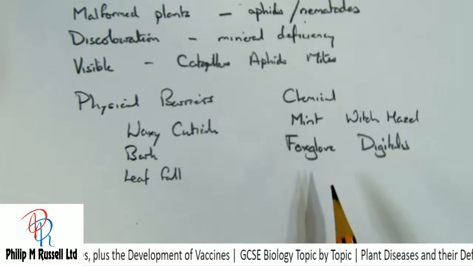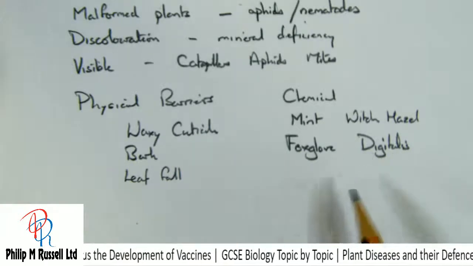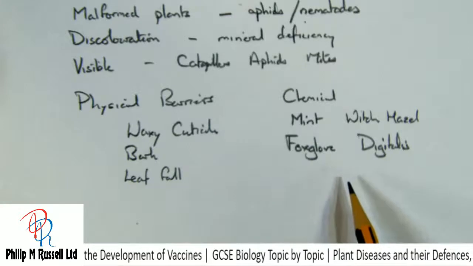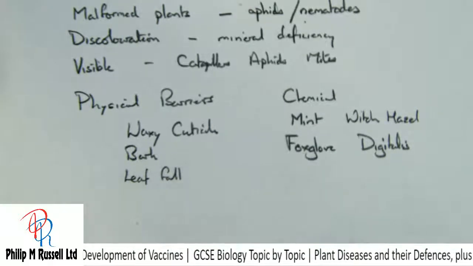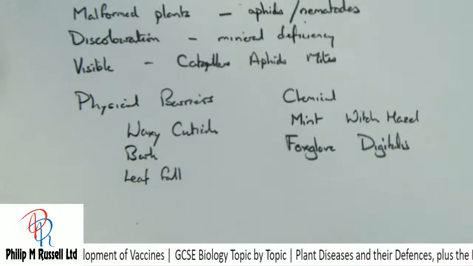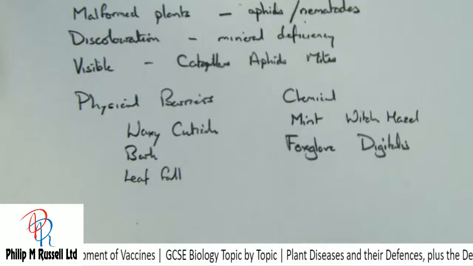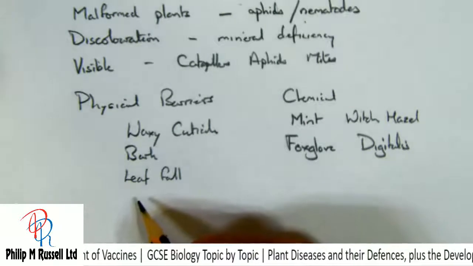So plants learn to not eat things like this. Some plants put physical barriers to try and help this as well. Things like cacti, gorse, thorns, trying to stop them getting in, which are another physical barrier.